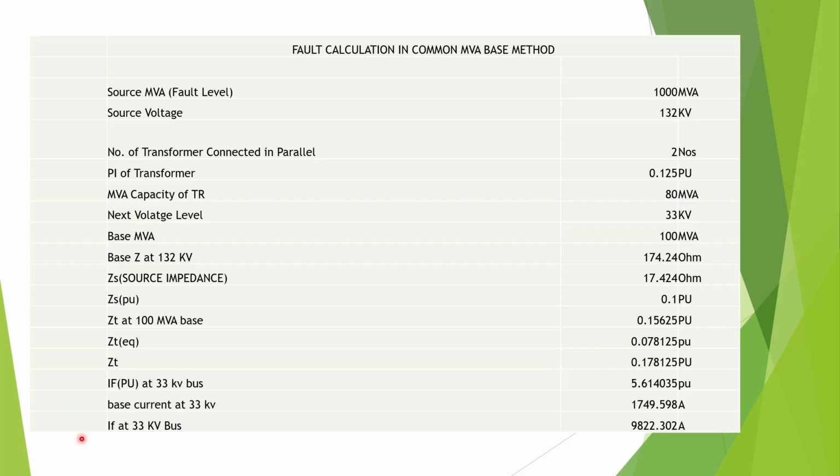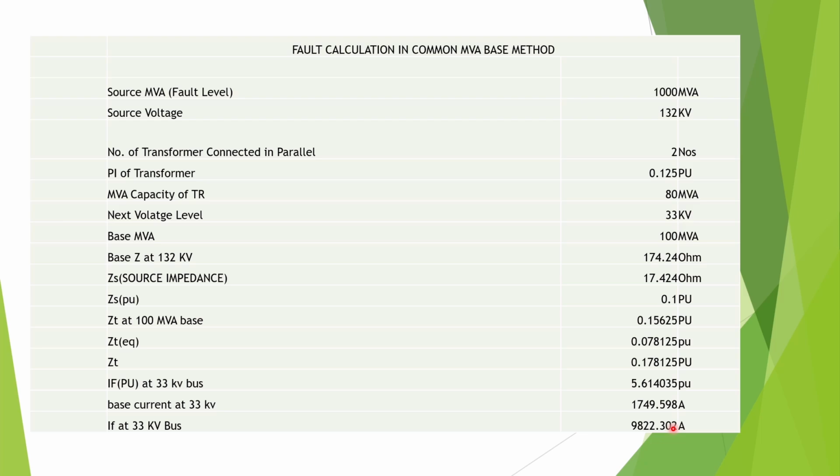The fault current is the base current times the fault current in per unit, 1749.598 into 5.614035, which comes as 9822.302 ampere, the same as that calculated in the MVA method.